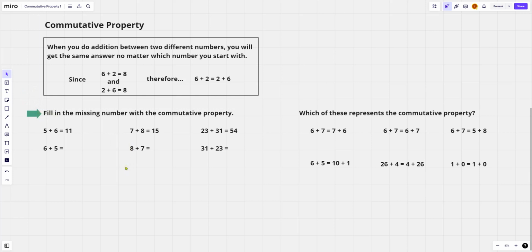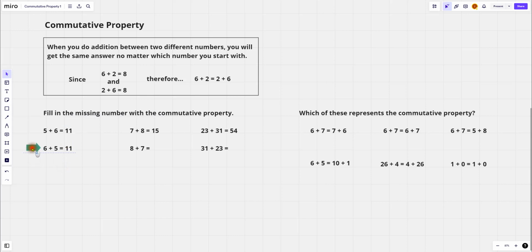They might ask you to fill in the missing number with the commutative property. So, since you know 5 plus 6 equals 11, you don't even have to think about it. What would be 6 plus 5? Well, because addition follows the commutative property, you don't have to count it out. You know already, right?